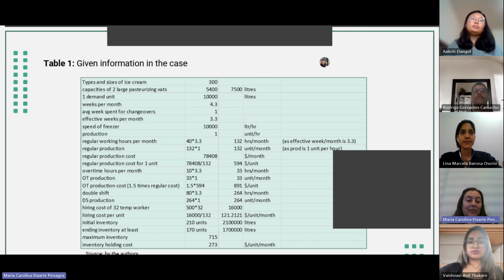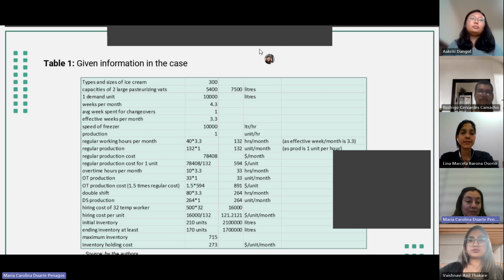Then we have the capacity of two large pasteurizing baths. One is 4,400 liters, and the other one is 7,500 liters. One demand unit that is said in the mini case is 10,000 liters. And we have 4.3 weeks per month.